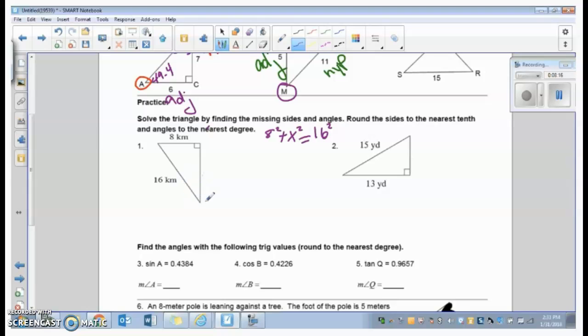We're going to start by using the Pythagorean theorem to figure out the value of our third side, and then from there, we can figure out an angle using reverse trig.